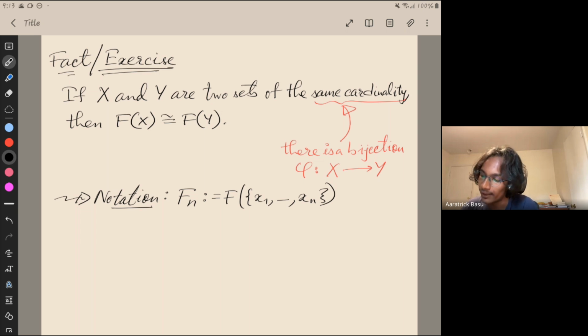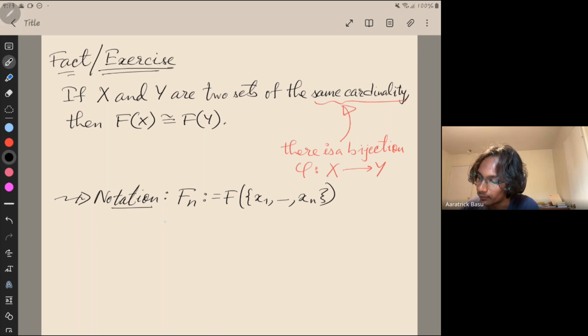If they're finite sets, you can just think of them as having the same number of elements. But for infinite sets, you need to be a little bit more careful. Here, by same cardinality, I just mean that there is some bijection phi from X to Y, right? So if X and Y are any two such sets, then the free groups F of X and F of Y are isomorphic as groups. What I mean is that there's a group isomorphism from F of X to F of Y.